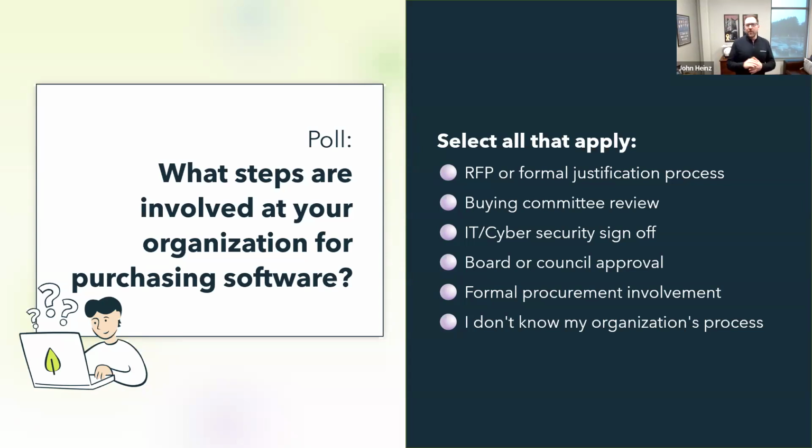So to put it another way, what we're trying to do is get feedback to see for all of you what are all the check boxes, and you can answer more than one of these. What are all the things that you need to do in order to purchase software?